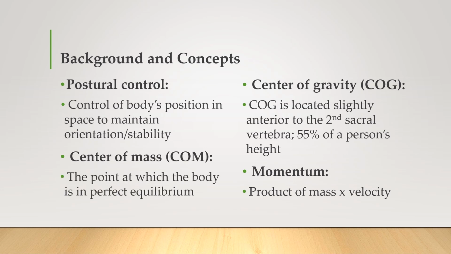Then we look at the center of mass. This is the point at which the body is in perfect equilibrium, and it's determined by finding the weighted average of the center of mass of each body segment. Now, I really want you to know this next component here, which is center of gravity. So what is center of gravity?